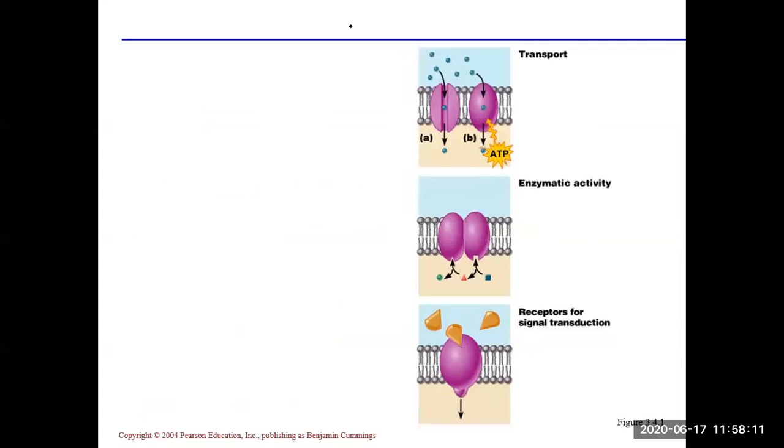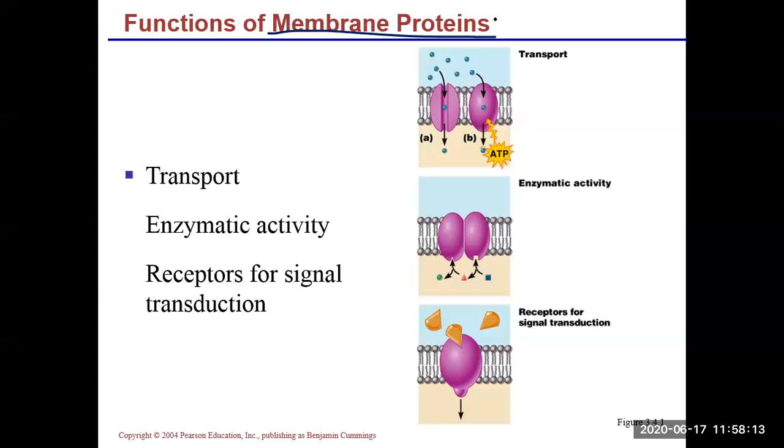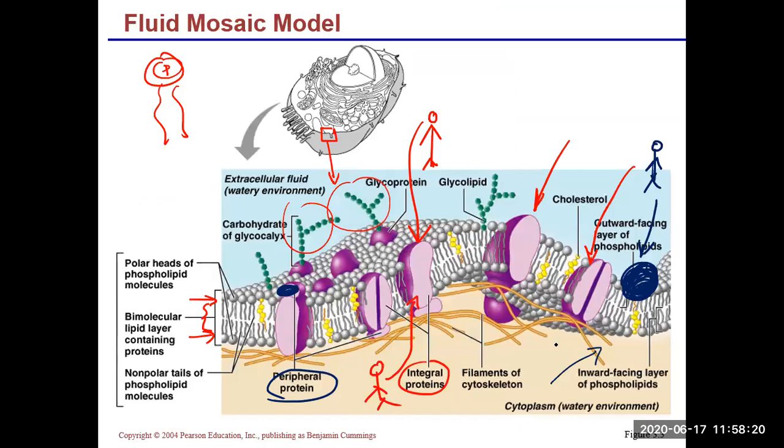Let's go ahead and take a look at the job of the membrane protein. Number one is transport. Earlier in this slide, you could see there is a little gap in between. Through this little gap, some small substances can exit and end up outside, or vice versa, they could come in through this gap inside of the cell.